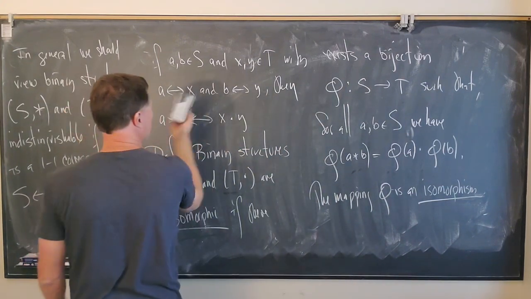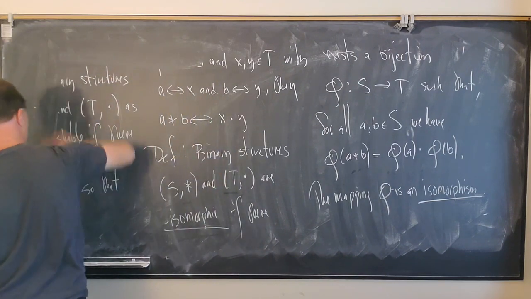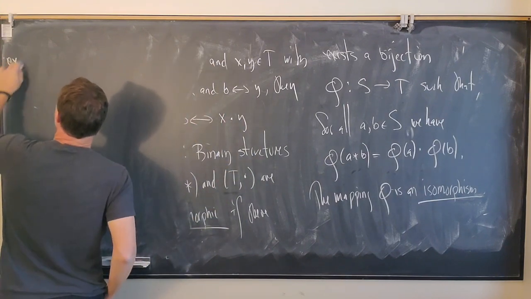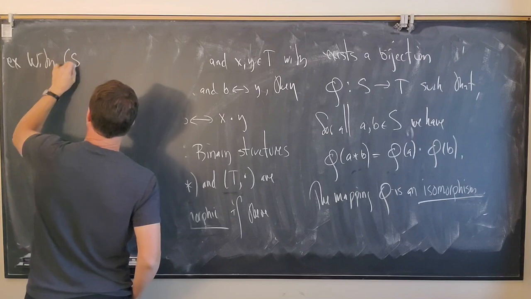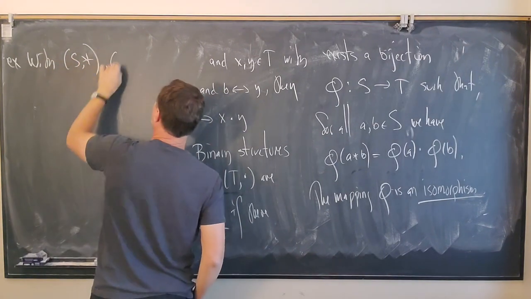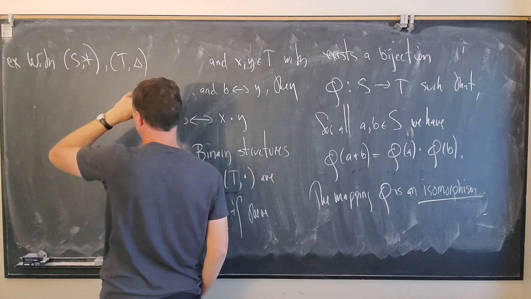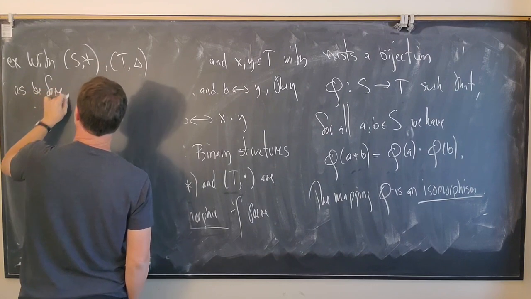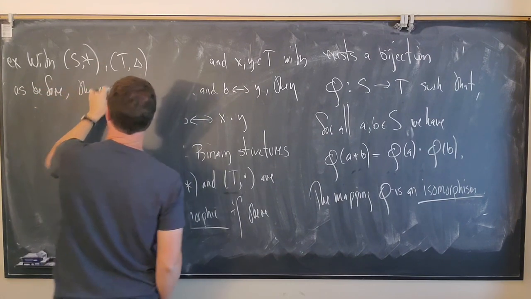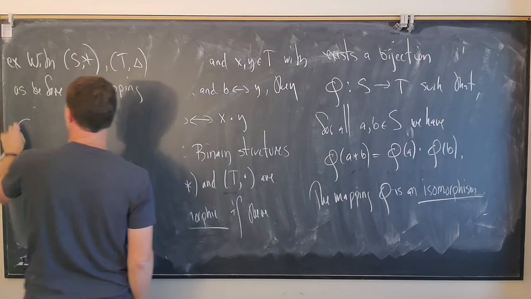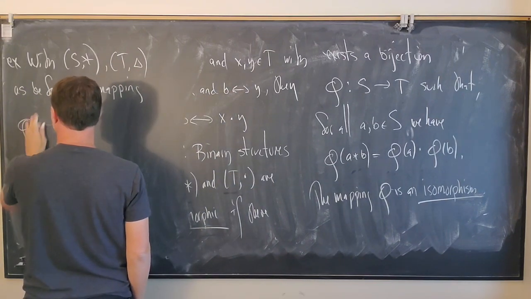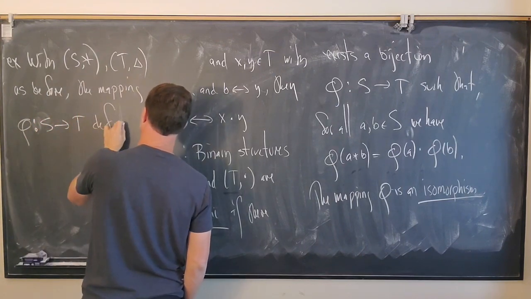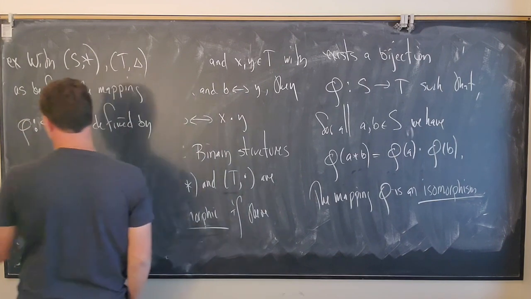So the example that we did before, let me just put that down officially. With S star and T triangle as before, the mapping phi from S to T defined by, and here what do we have?